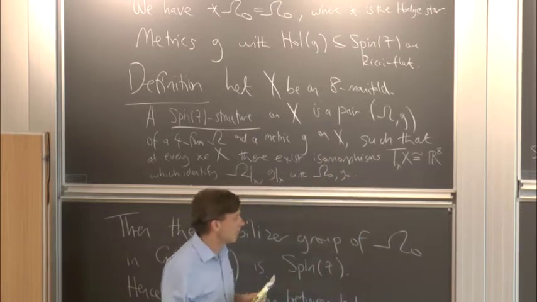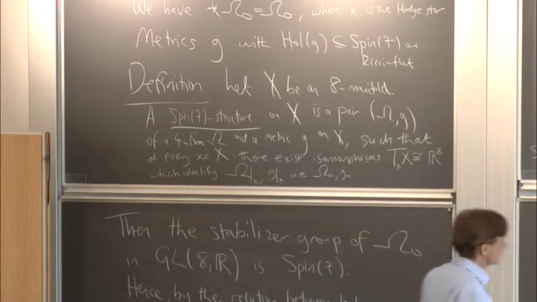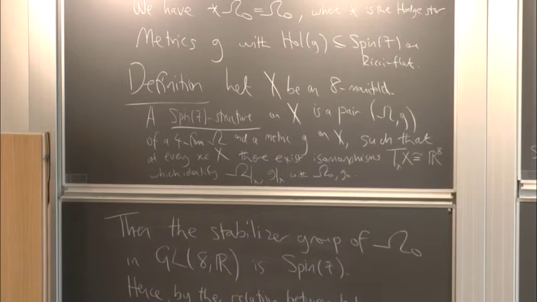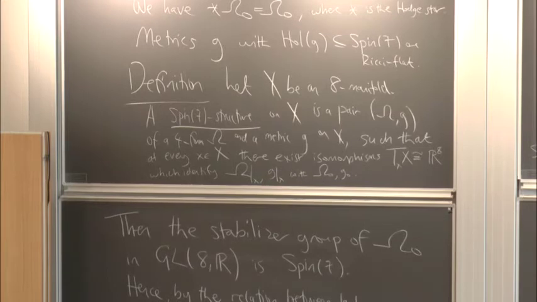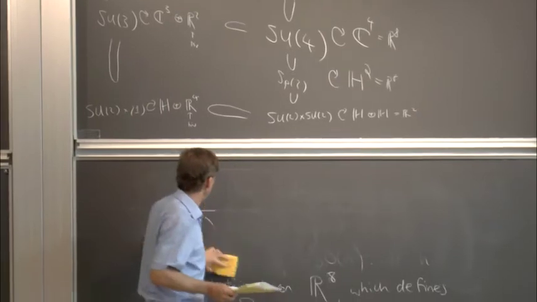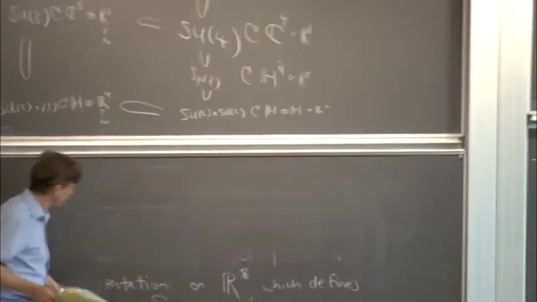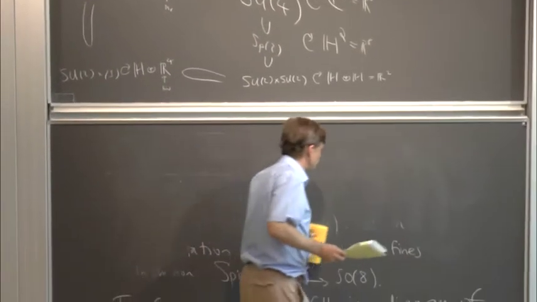Okay, so that's an abusive notation because I've already told you what is usually meant by a Spin(7) structure, which is this notion of G-structure, a principal subbundle of the frame bundle of your manifold X with structure group Spin(7).